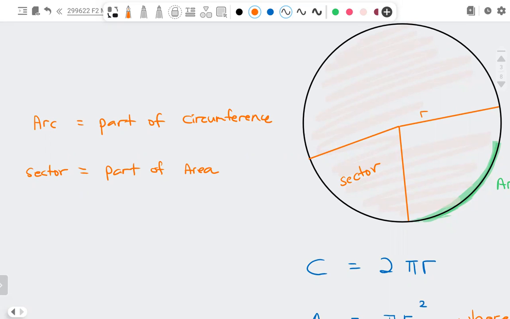Chapter 5. Oh, just nice. We have finished chapter 5, is it? Chapter 5 is the polygon. Chapter 6, not yet, right?